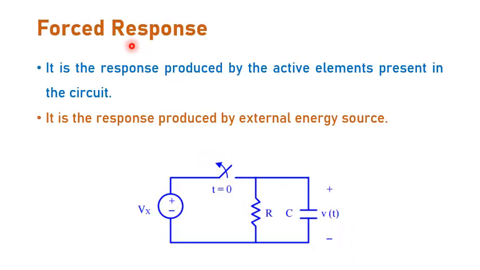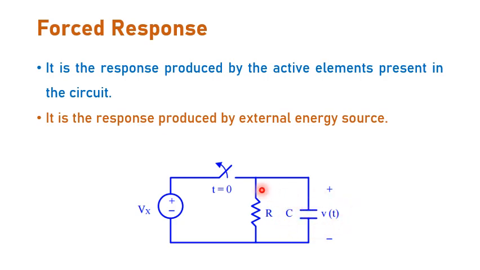Next, another definition is forced response. It is the response produced by the active elements present in the circuit. Consider a voltage source connected across the parallel combination of resistor and capacitor. If the switch is closed, this voltage source will circulate a current through the resistor and another current through the capacitor to charge this capacitor.